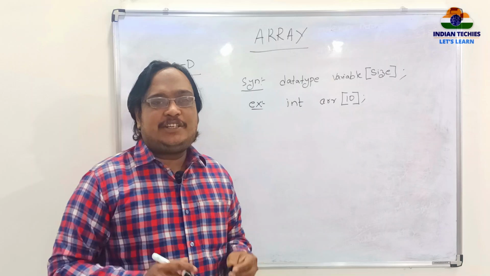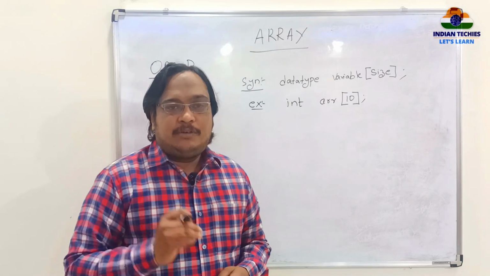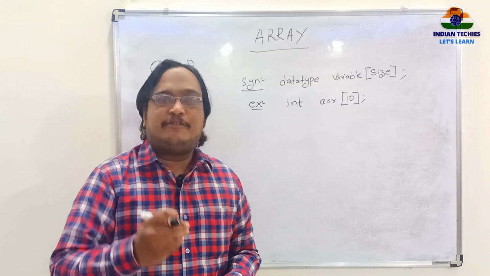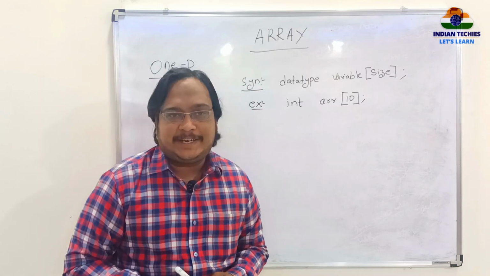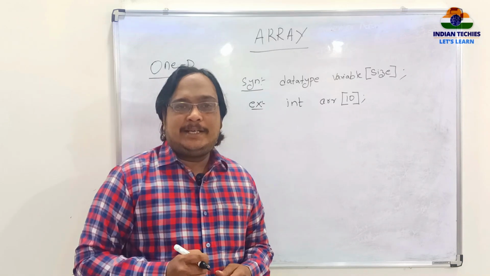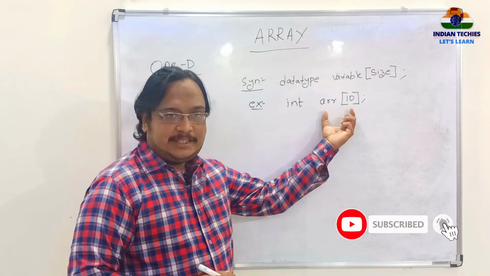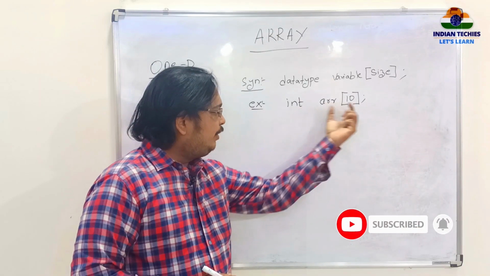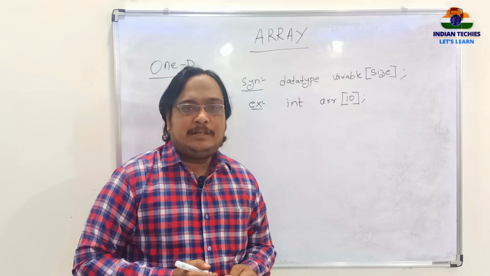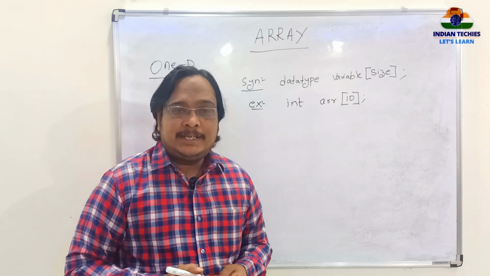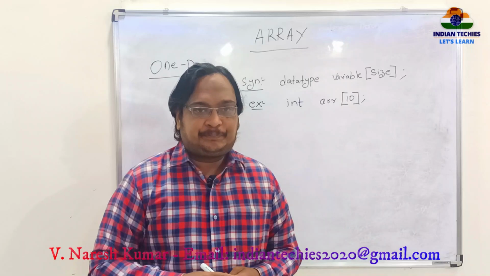I mean, memory for 10 variables has to be allocated. Now, suppose an integer occupies 2 bytes of memory, then 2 into 10, 20 bytes of memory has to be allocated. But there is a small condition: these 20 bytes of memory should be in a single slot.